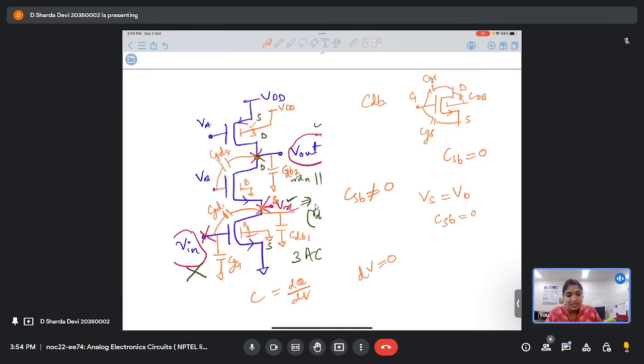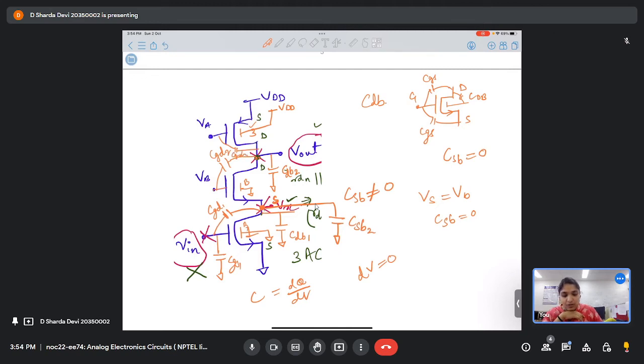So in that case, you'll also see a source-body capacitor for transistor 2, right? So we'll get another capacitance, CSB2. Is this clear? Now similarly, for this PMOS, we'll again have CGD3.